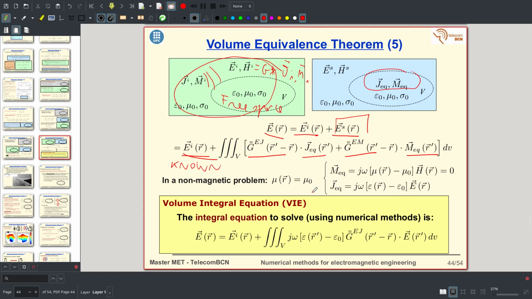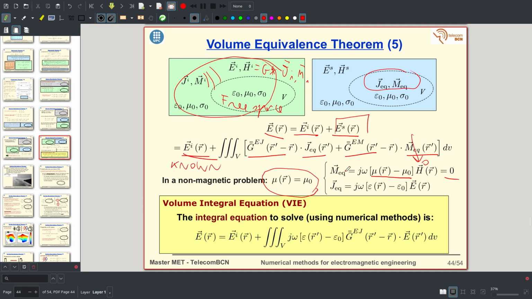To simplify, we assume a non-magnetic problem in which mu is the mu of free space, vacuum, and then the magnetic equivalent current becomes equal to 0 because it has a factor mu minus mu 0. Both are equal, so the subtraction is 0. So the magnetic current cancels out. But it's just a particular case, a very common case, the case of a non-magnetic medium. But just to simplify the formula, I assume this.